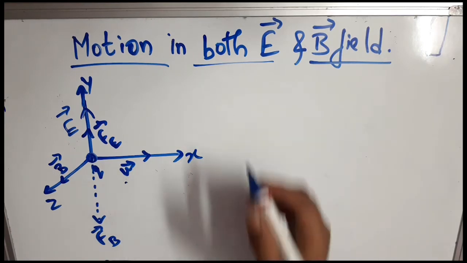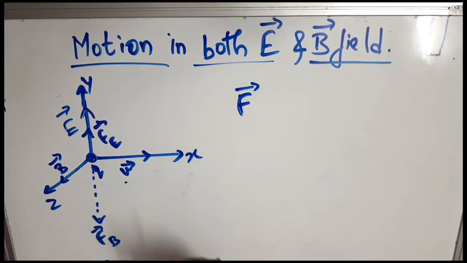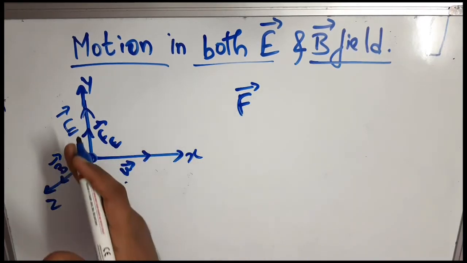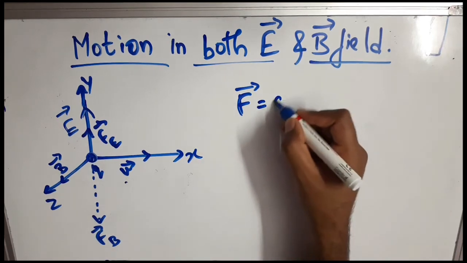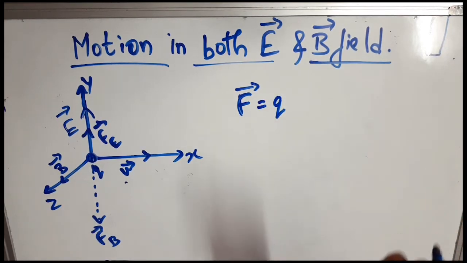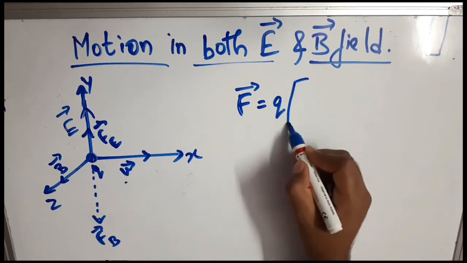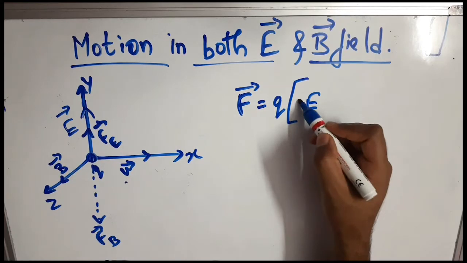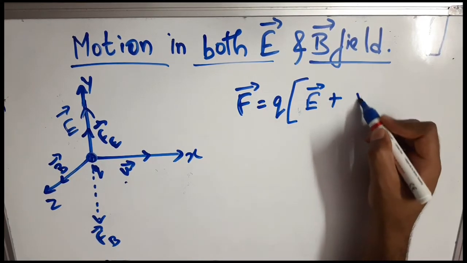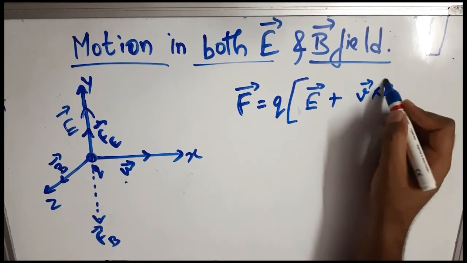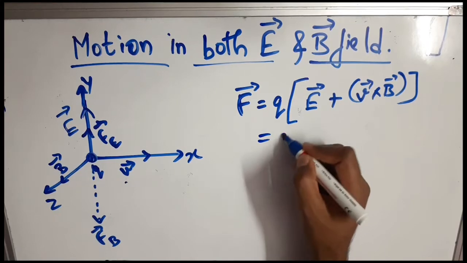So since we have now defined both the electric force and the magnetic force, let's get to the mathematics. Now the total force, capital F, experienced by this charge in the presence of both electric as well as the magnetic field can be given as, as we have discussed earlier in many classes, charge times the field. So what is the field here? We have both the electric field plus the magnetic field, that is v cross B. Let's remove the brackets.